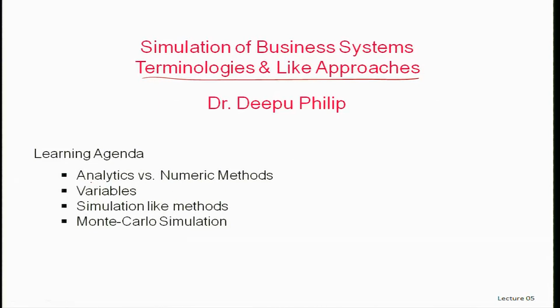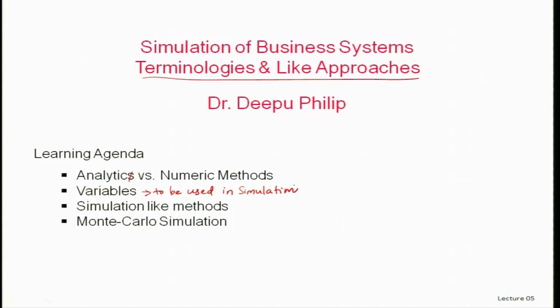The first one is we talk about analytic versus the numeric methods. Let us see how the analytic method and numeric method compare, and the type of variables to be used in simulation.